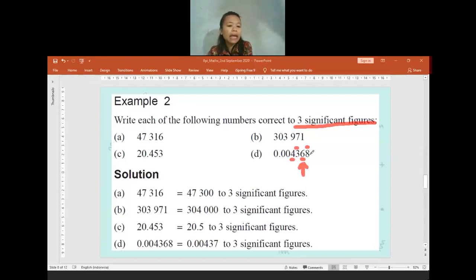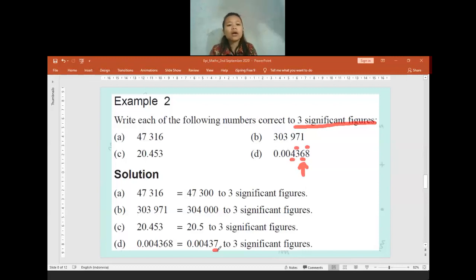Next to 6 is 8. So the 6 has to go up by 1. Because whenever we meet 5 or bigger, the chosen number has to increase by 1. That's why in here the 6 will turn into 7.